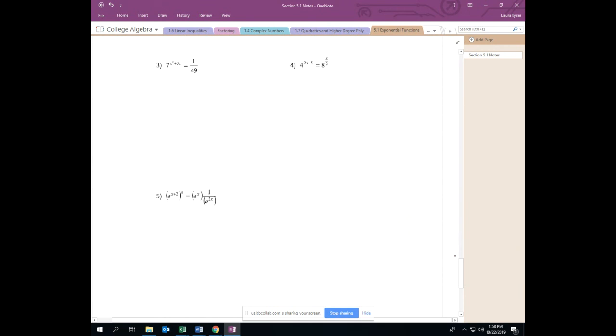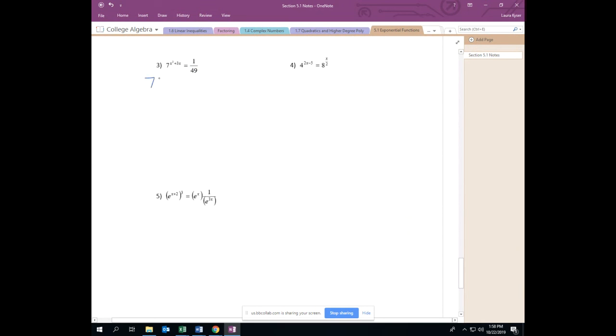All right. 3 and 4 are at least still living in the number world, so that's good. We've got 7 and 1 over 49. First of all, 1 over 49 is not in a good form. It's in a fraction form. And I can fix that really easily if I just use a negative exponent.